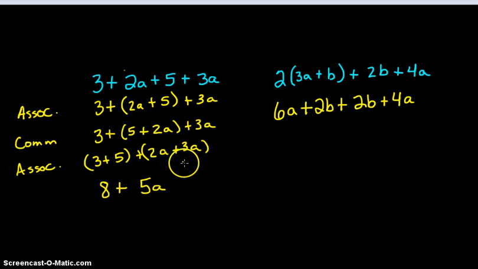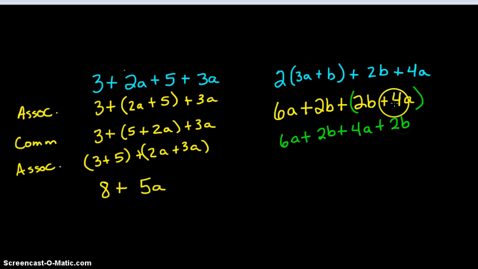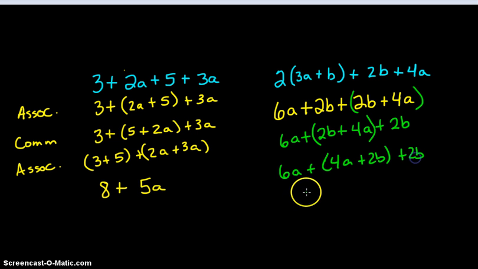So now quickly we can use our properties. That was distributive. We can do this first, and now we can move 6a plus 2b plus 4a plus 2b. So I just moved these two. Now I need to move these two, which is 6a plus 4a plus 2b plus 2b.